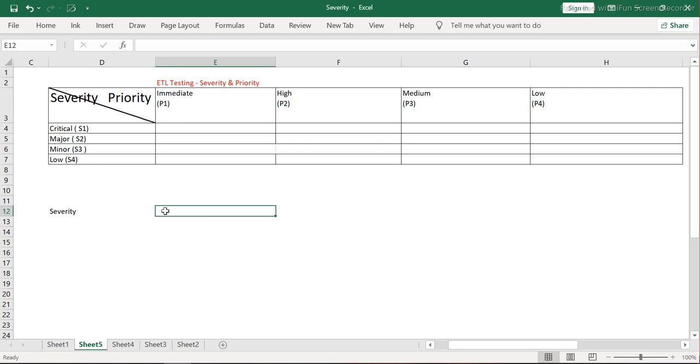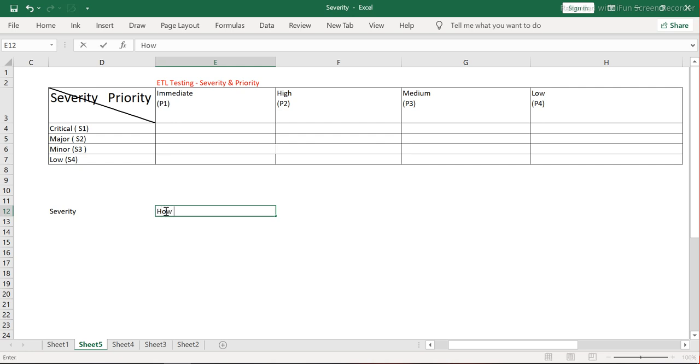So severity is basically, in layman language, what is severity? I mean, what is severe, right? If you say this is a really severe issue, severe means basically how bad it is, right?